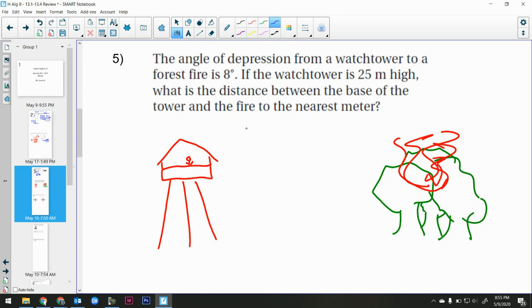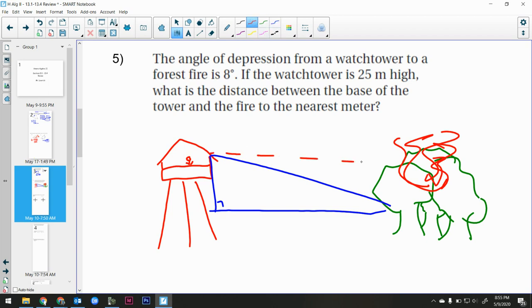Okay, so the angle of depression from the tower to the forest fire. So here he's looking out. Here is the line of sight, right? And then, so here's my right triangle. I should really put that on the ground, but that's okay. Remember that the angle of depression is the one that is made with the horizon line to the line of sight. So here is my theta, which again, alternate interior angles means this is my theta.